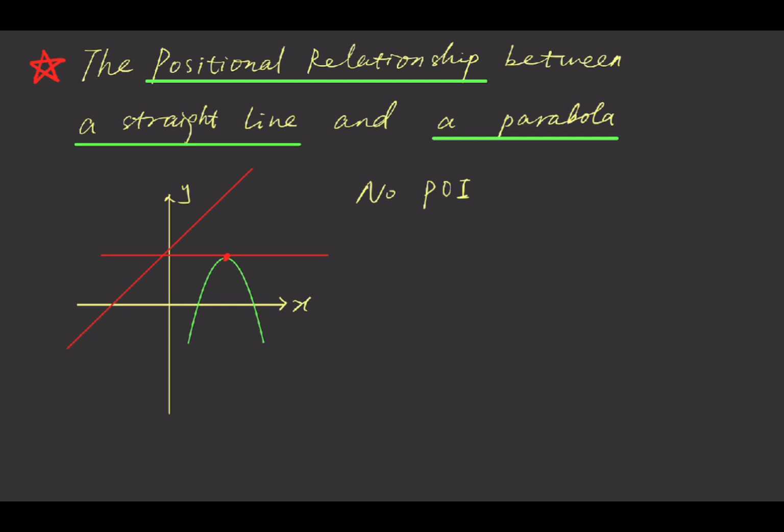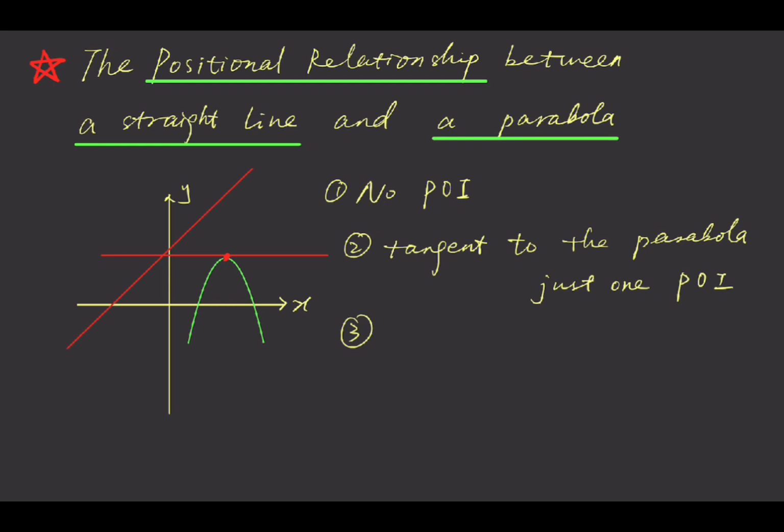So in this situation, we say the straight line is tangent to the parabola. Just one POI. The third situation, the straight line crosses the parabola at 2 points, here and here.